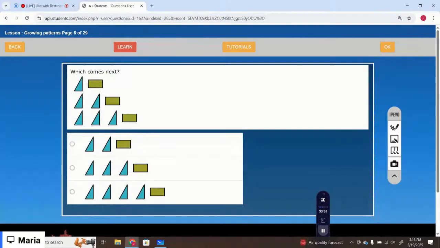Which comes next, which is the correct option? Option number three is the correct option.